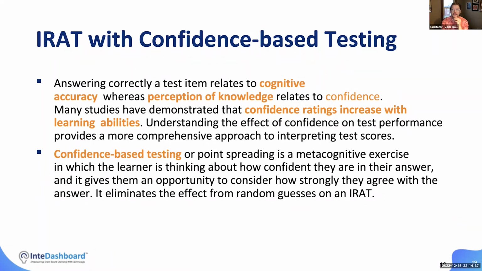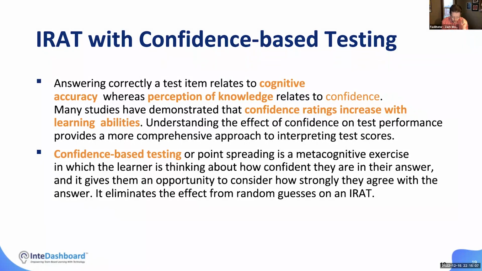What confidence-based testing essentially says is if we are really meaning to use this IRAT as an initial assessment, an initial look at how those students are performing on a quiz, then shouldn't we give them the opportunity to reflect on that learning and maybe show us a little bit more about how they are looking at these questions or how they are learning things?